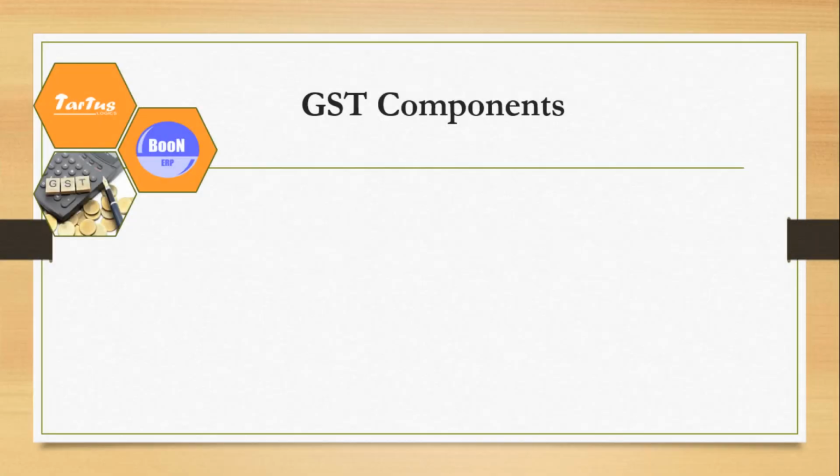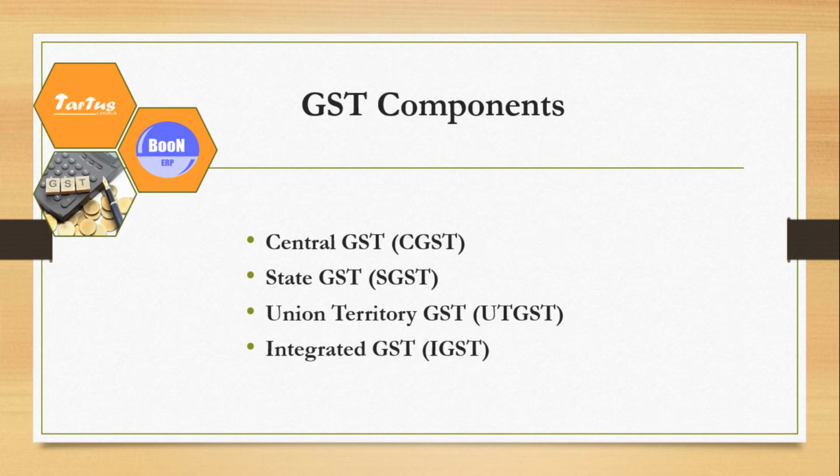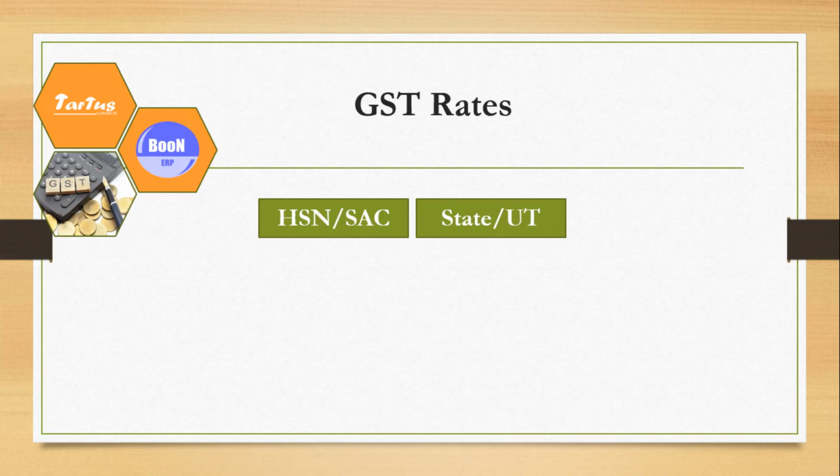Now let us discuss GST components. Components of GST are Central GST or CGST, State GST or SGST, Union Territory GST or UTGST, Integrated GST or IGST, and cess. Coming to GST rates, we define the GST rate according to HSN or SAC, State or Union Territory.